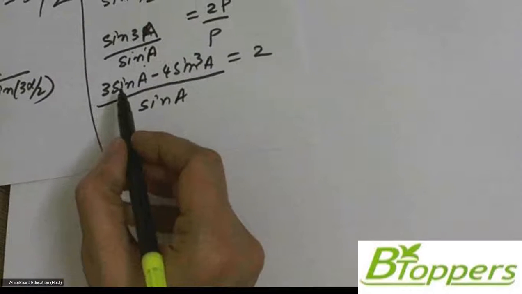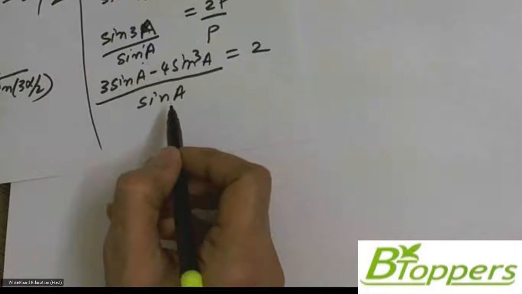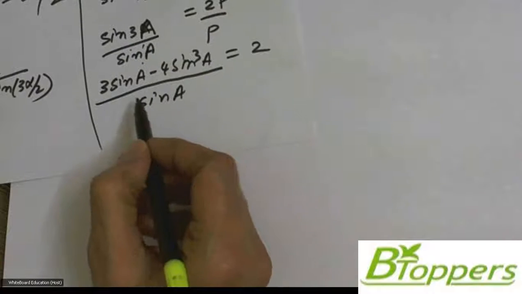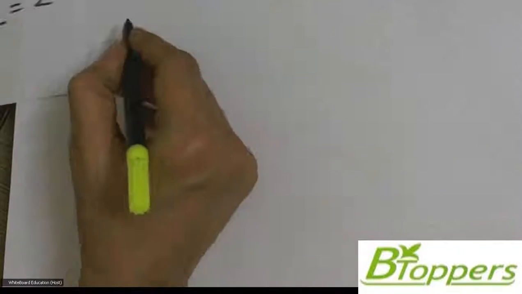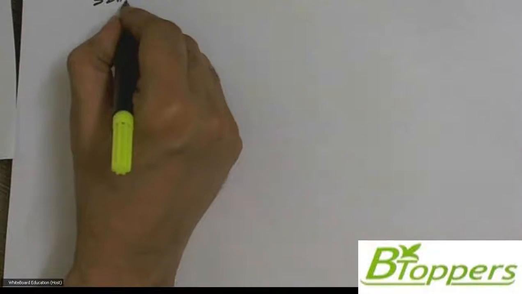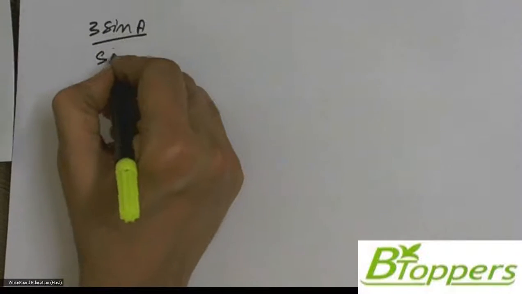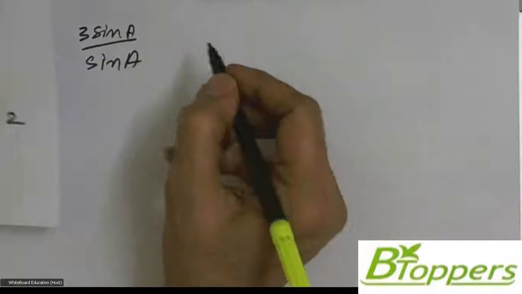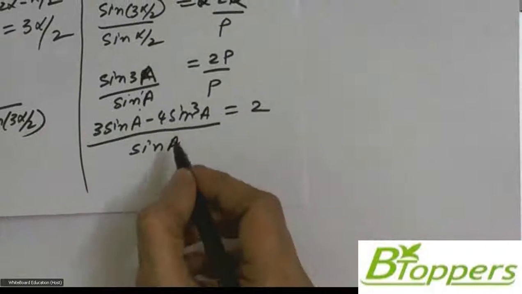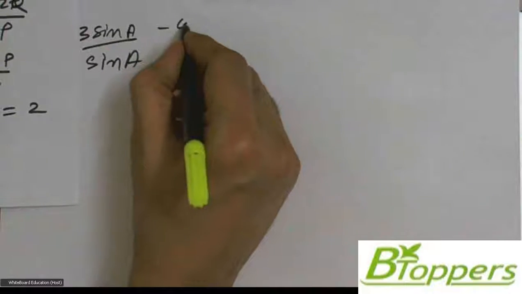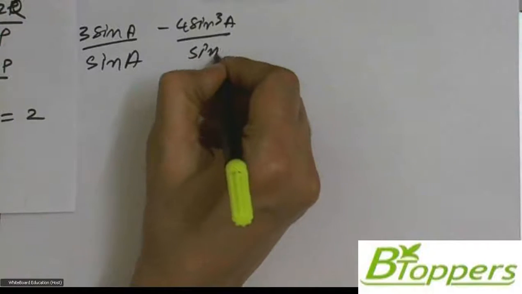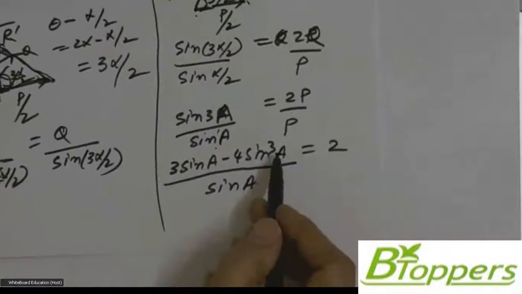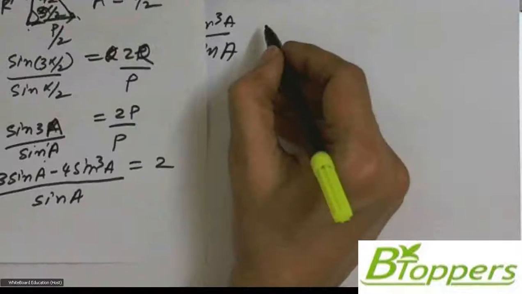So in the last step, we got 3 sin a minus 4 sin cube a by sin a. If you divide each term separately, 3 sin a by sin a minus 4 sin cube a by sin a equal to 2.